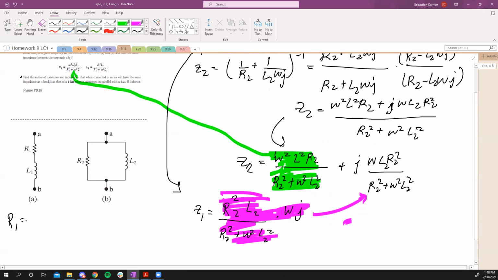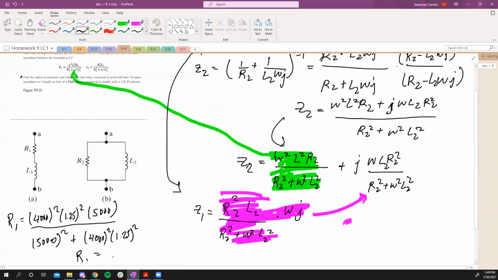R1 is 4,000 squared times 1.25 squared times 5,000, over R2, which is 5,000 ohm, squared plus 4,000 squared times 1.25 squared.